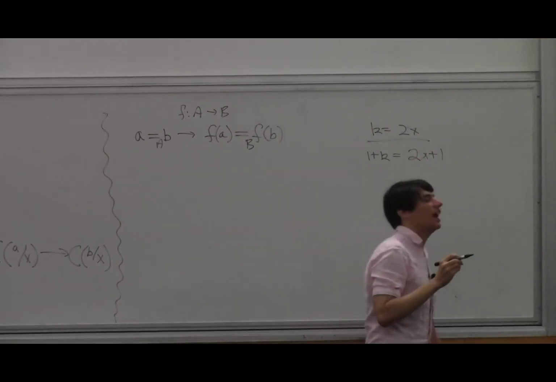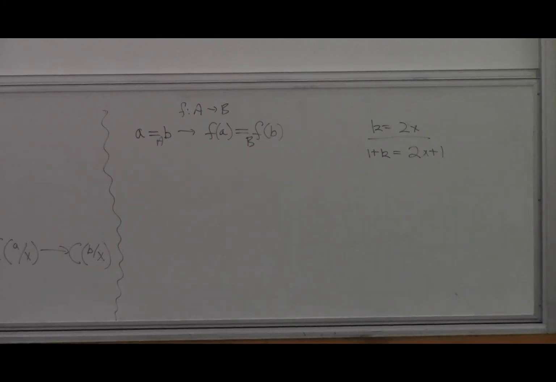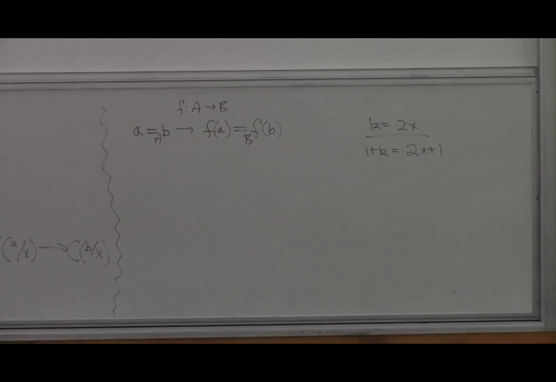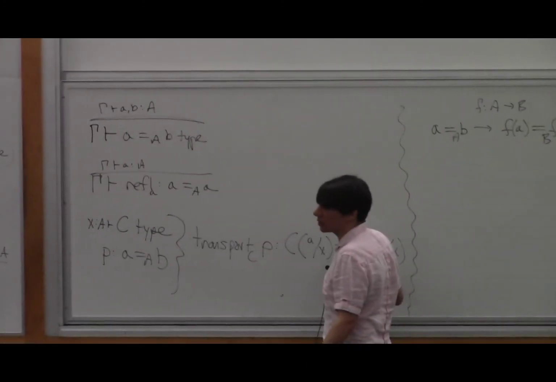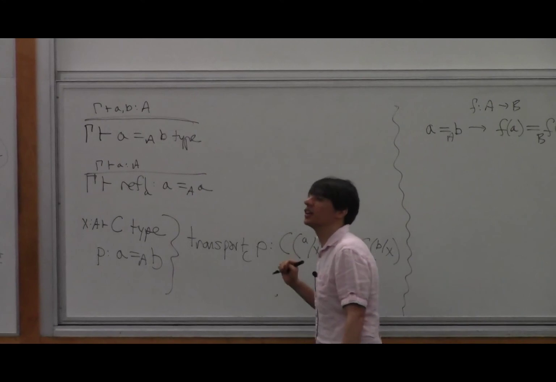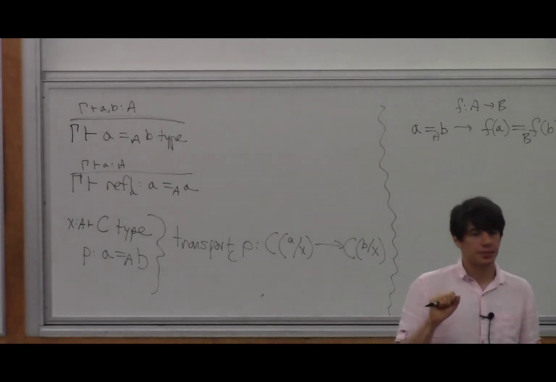How do you get that? Why do you know that if you have a function and equals, then you get equals? Well, that comes from this principle of transport. So you can write this out as a particular instance of that and prove that.